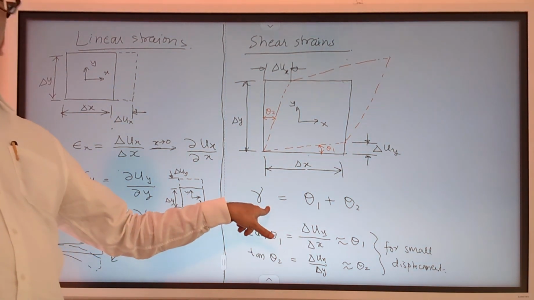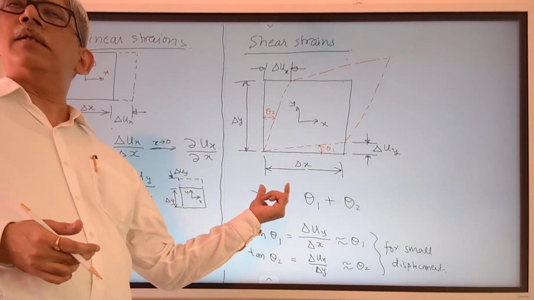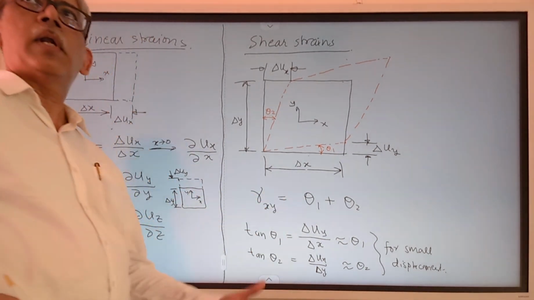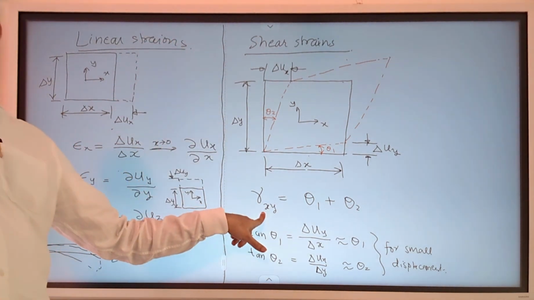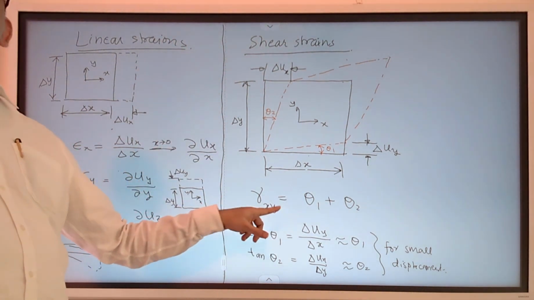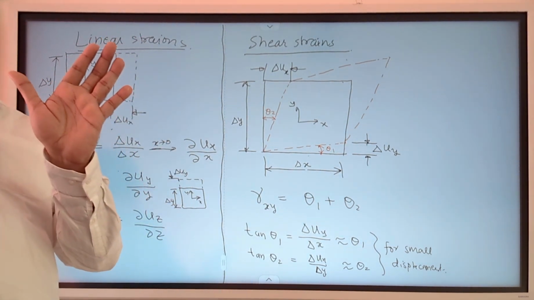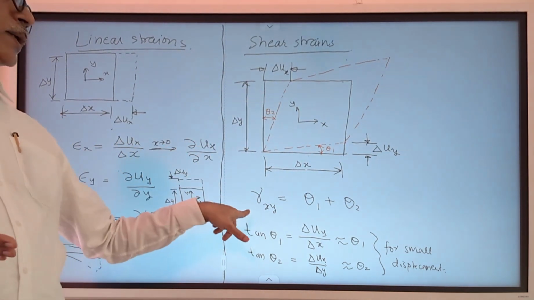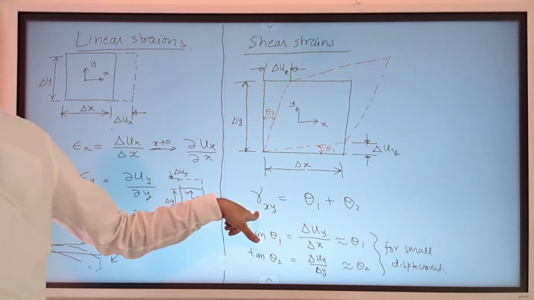The shear strain is subscripted with respect to the planes to which it belongs, so it is given as xy. Similar to the stress, which you will remember, the shear strains are related to the plane in which you are calculating the change in angle. In this case we are calculating the change in angle in the xy plane, so the subscript of this particular shear strain would be gamma xy.